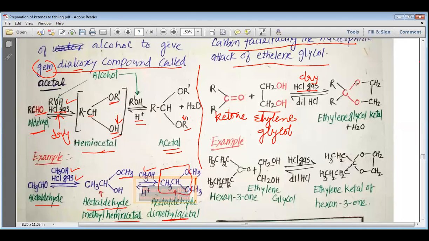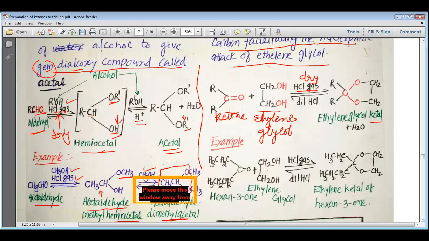You can see here the five-atom ring. So we get a cyclic compound which is known as the ethylene glycol ketal. So this is how, my dear students, we understand the ketal. We call it ketal because it has the ketone that reacts with the alcohol.